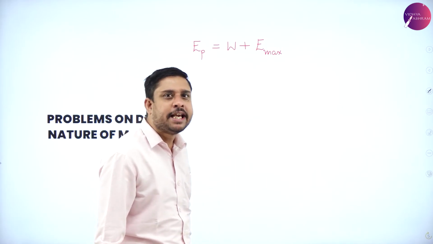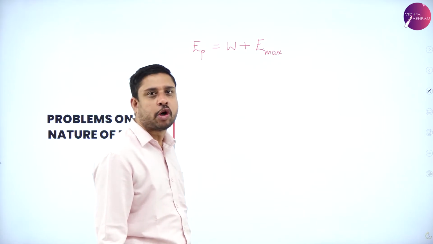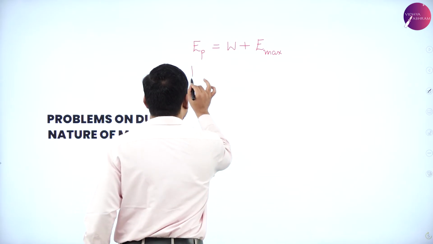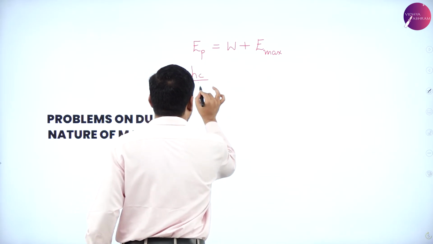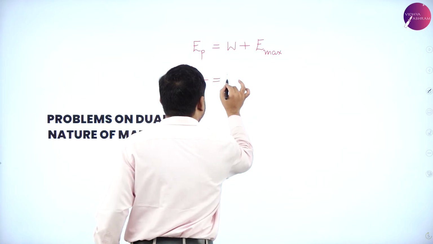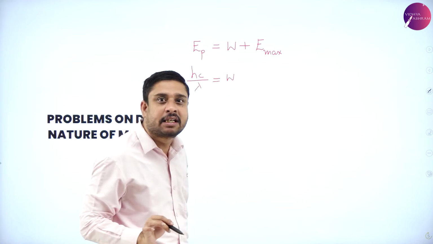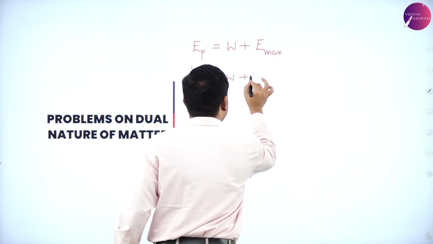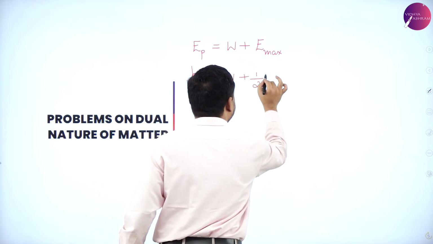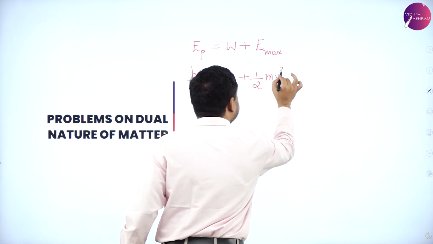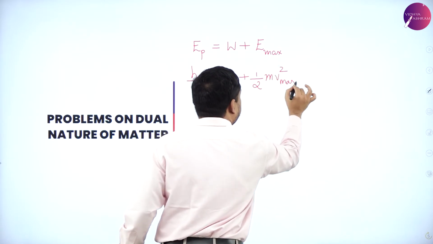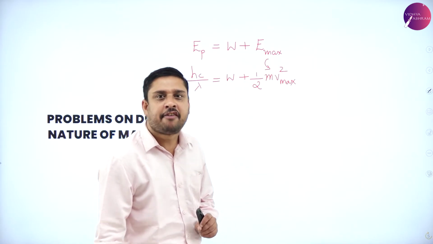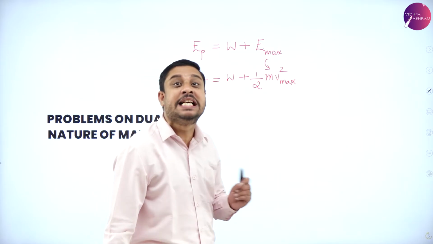Since wavelength is given, energy of the photon is hc by lambda, W is directly given work function, plus half m v square max, because kinetic energy is half m v square.